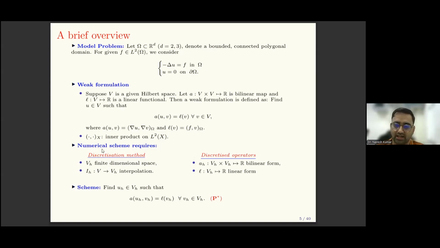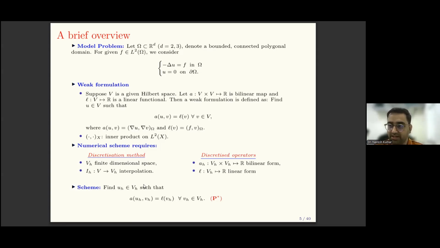So here we take V_h, a finite dimensional space, and A_h, a bilinear map in the discrete setting, while A is the bilinear map in the continuous setting. And I_h: sometimes we use some interpolations also, because for some types of problems it's difficult to find the direct error between the exact solution and the approximate solution. So we use intermediate operators. Sometimes the interpolations can be helpful in the error estimates part.